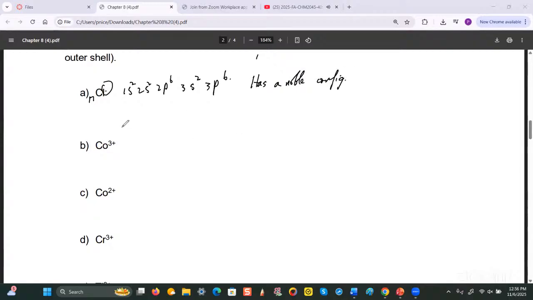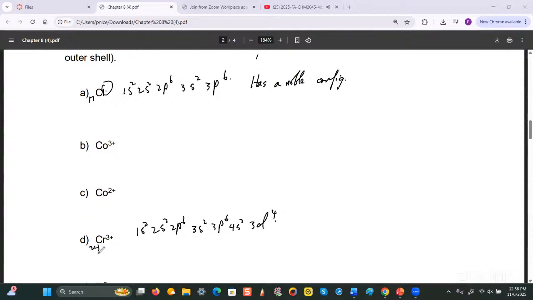Okay, I'm going to skip B because we just did B a while ago in the previous example. And if you understood B, then C should be a breeze. So let's move now to chromium. The atomic number of chromium is 24. So for the chromium atom, it's 1s2, 2s2, 2p6, 3s2, 3p6, 4s2, and then 3d4.